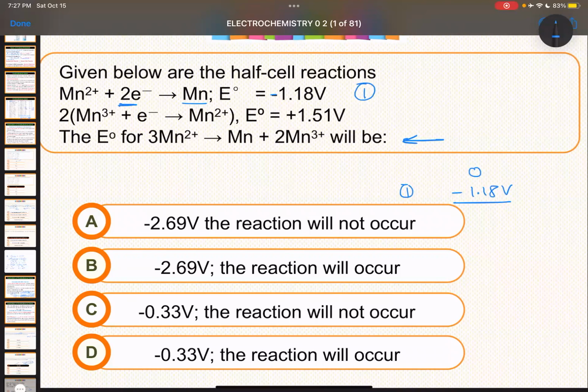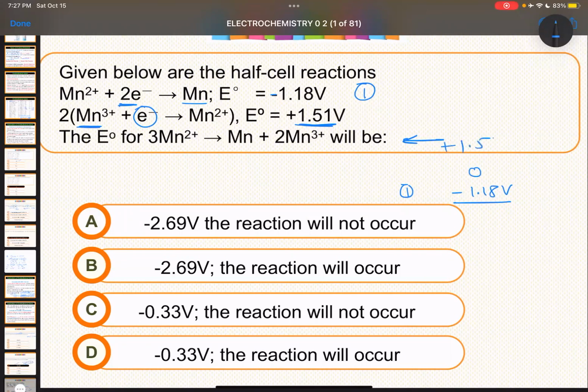And the one which is accepting is Mn3+. So all are manganese, so it may create confusion, but they are not the same type of manganese. Some are Mn2+. So if Mn3+ accepts an electron, that's going to have plus 1.51 volt, plus 1.51, right?